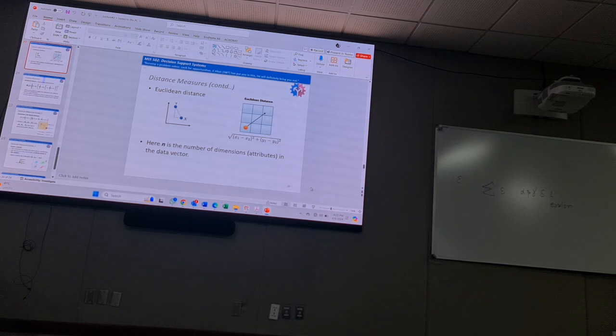Manhattan and, remember these 2 names. You see it's written there, Euclidean. Let me zoom, go full screen.